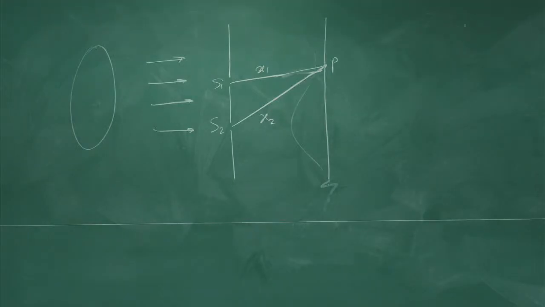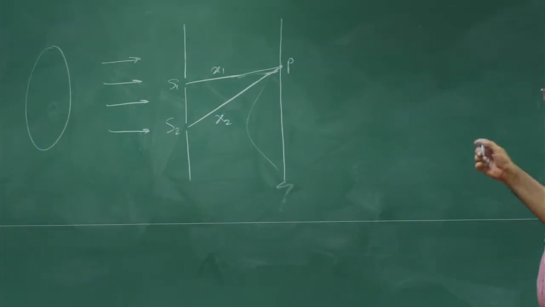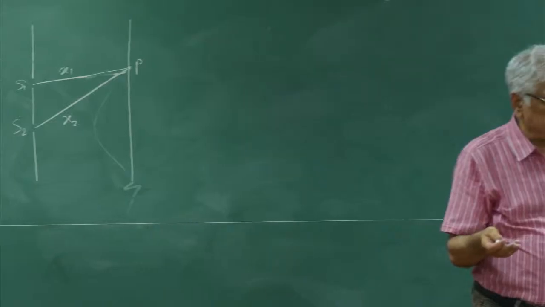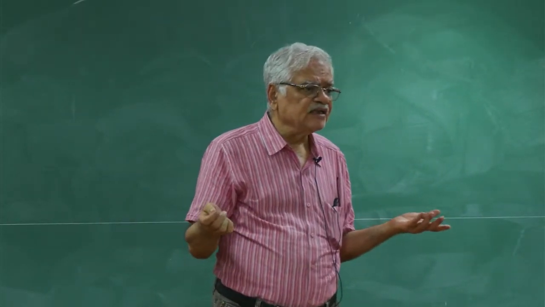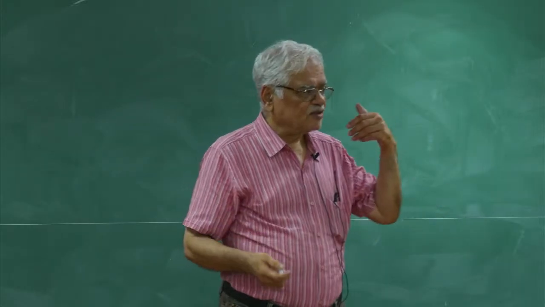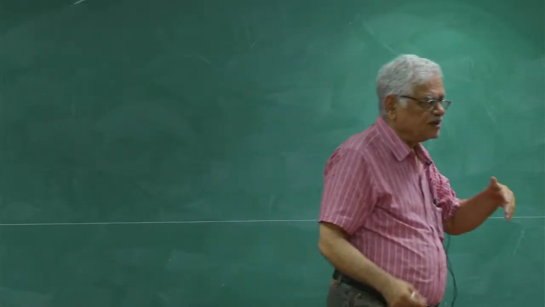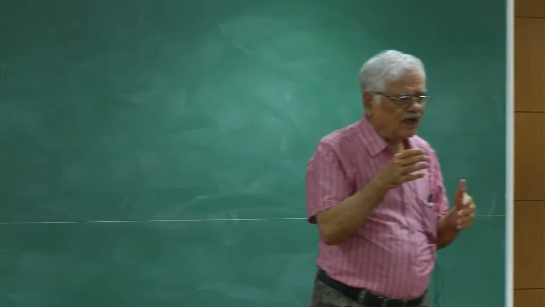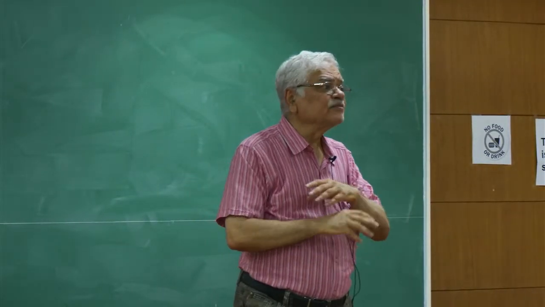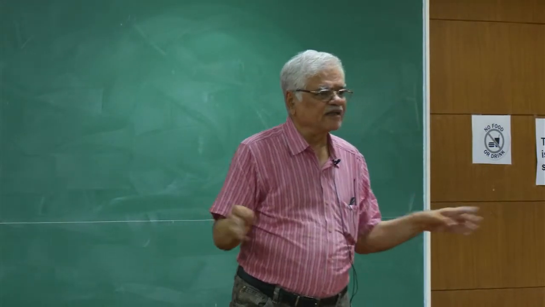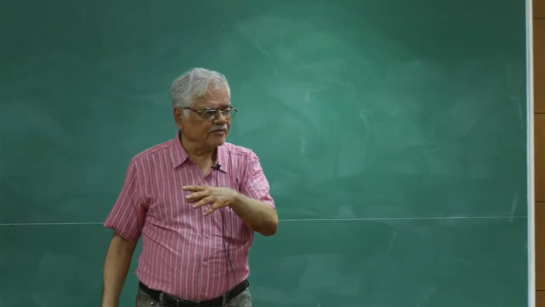From this observation I conclude that the electron must be passing through S1, because if it was not passing through S1, then closing S1 should not make any difference in the observed interference pattern. But it is making a drastic difference. The interference pattern is totally lost, and I get a bump.